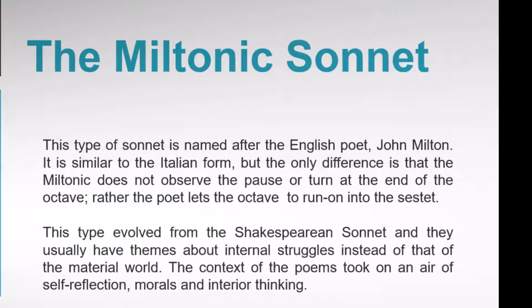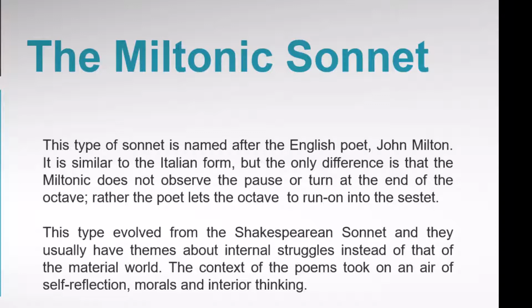Okay, so this type of sonnet evolved from the Shakespearean sonnet, and they usually have themes about internal struggles instead of that of the material world. The context of the poems took on an air of self-reflection. That is, it talks about self-reflections, morals, and interior thinking.